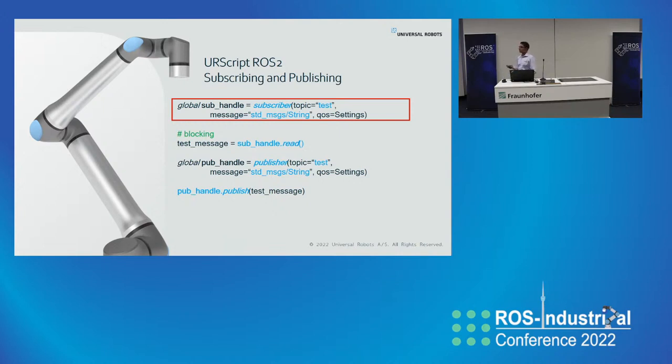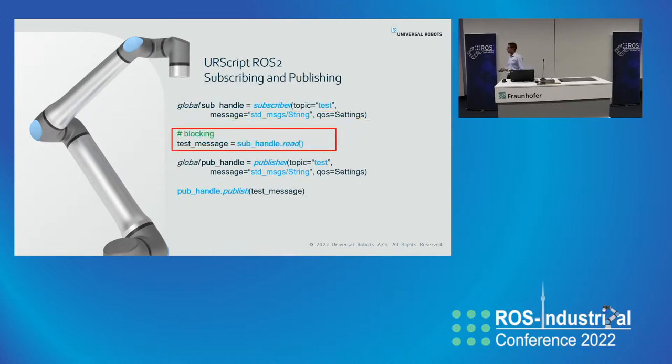It is created on a special namespace. We chose a namespace to differentiate between the robots. So if it is created like that, then it will be created in this particular robot namespace, with the standard message string type plus QoS settings that can be specified. We'll support all the ROS2 QoS settings.